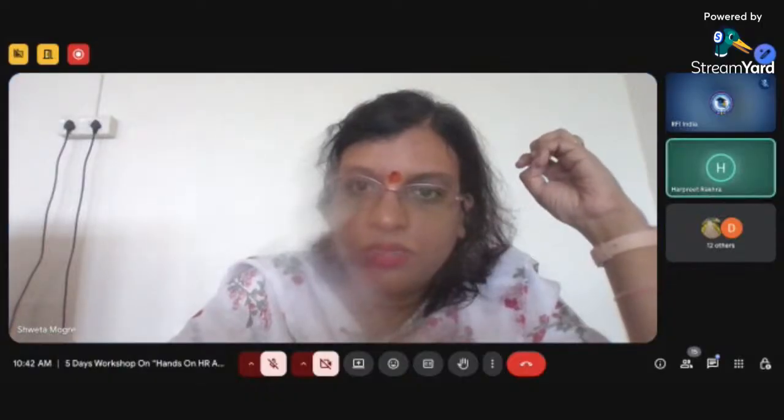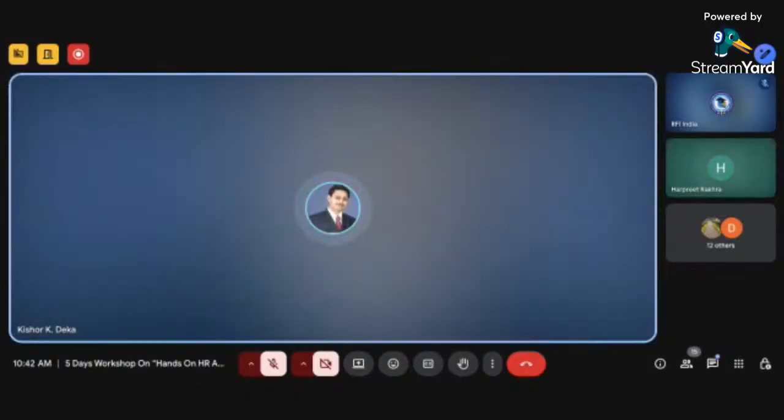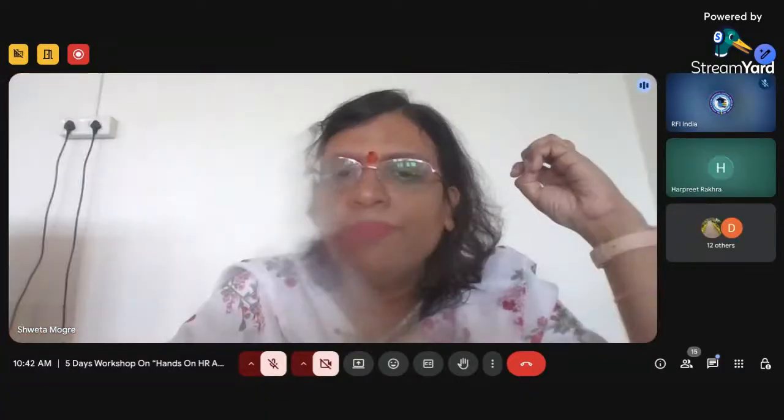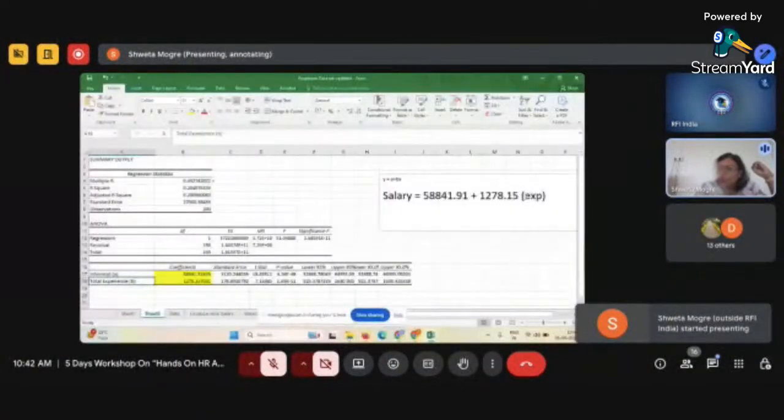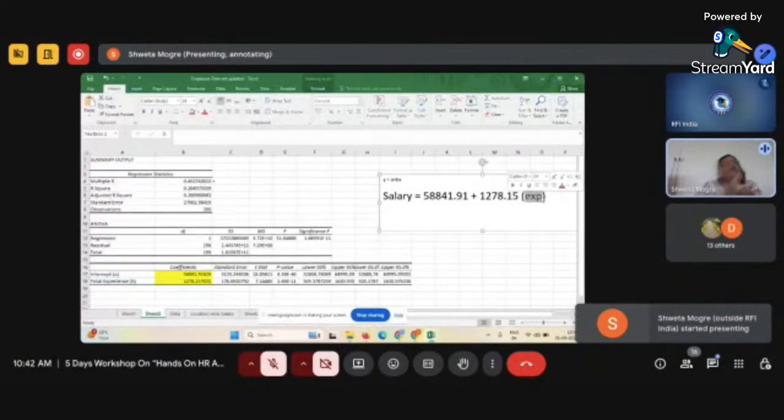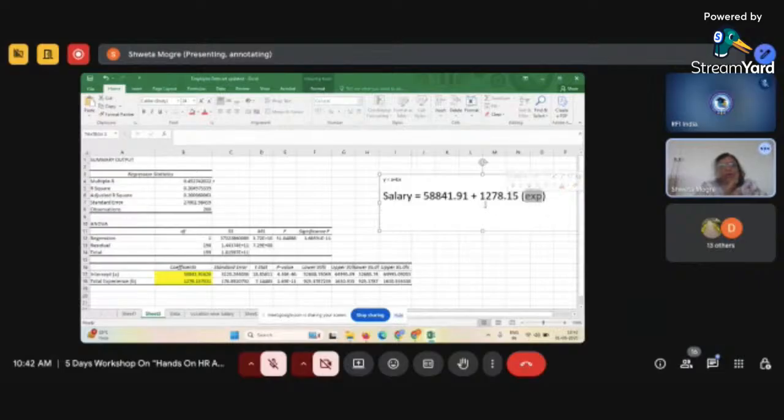Ma'am, by looking at the intercept only. Intercept plus the value multiplied by number of years. So simple basic algebra. We have to put 30 here in place of experience. So BODMAS, we know very well, 1278 multiplied with 30 plus 58,000.